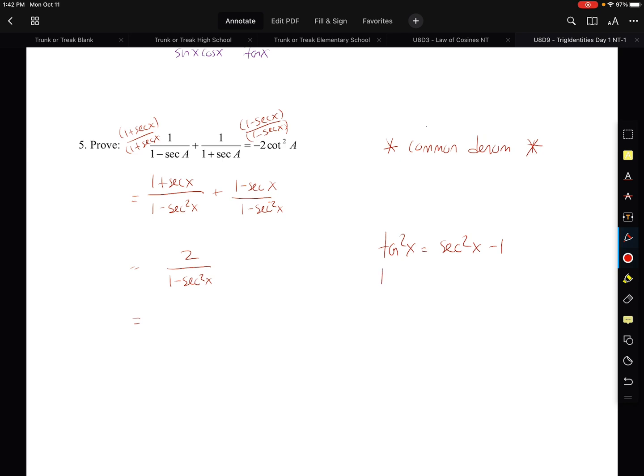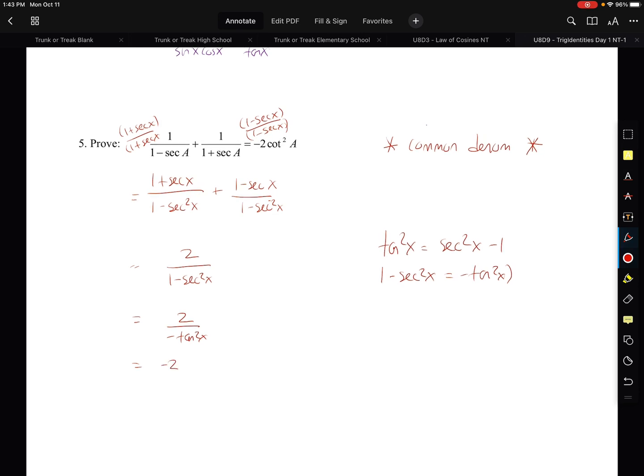Which, if I maneuvered things around, would be 1 minus secant squared x equals negative tan squared x. So this gives me 2 over negative tan squared x. Now if tan's in the denominator, I could bring it up: negative 2 cotan squared x. Done.